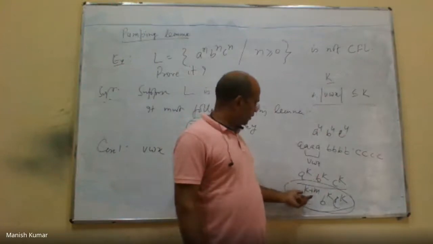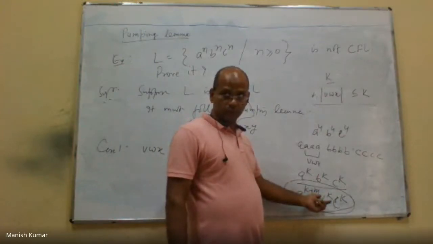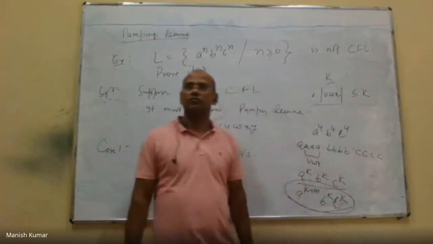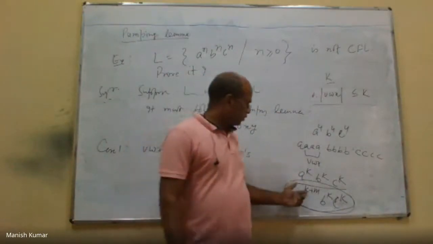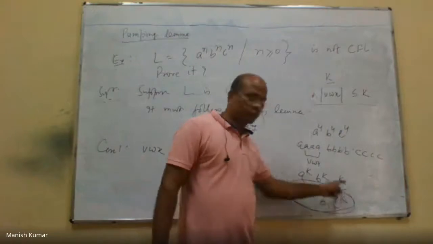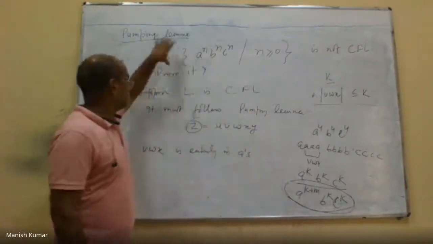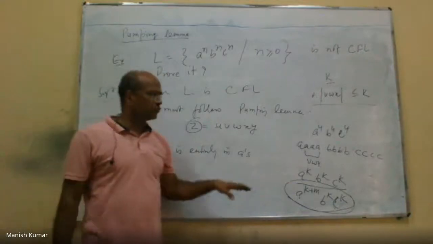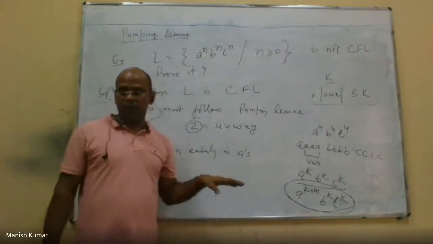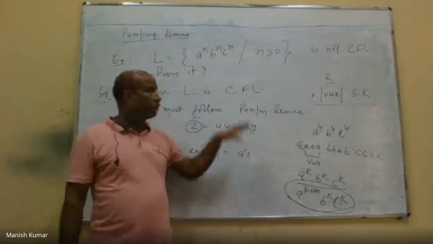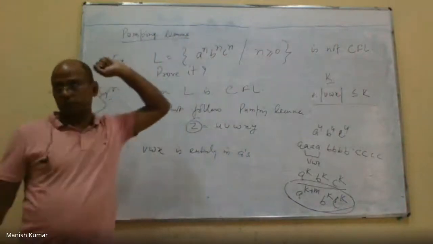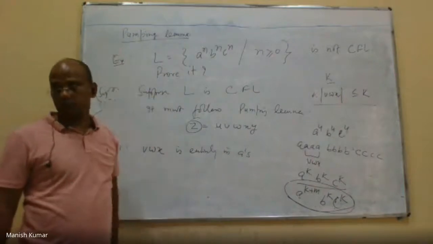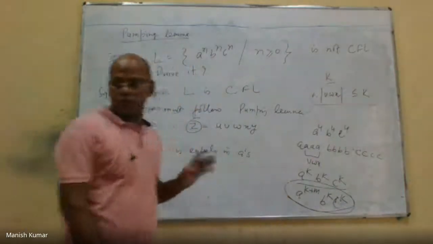So this A becomes K plus M, whereas B is still K and C is still K. But this particular string does not belong to the language. So that means pumping of V and X results in a string not consistent with the same language. Okay. So the first case is over.